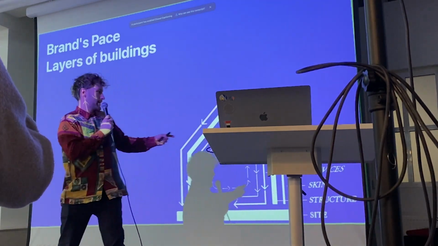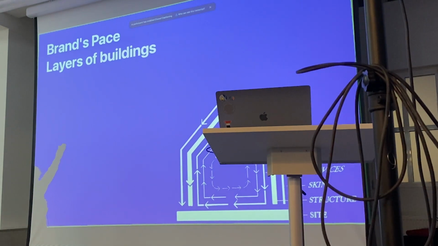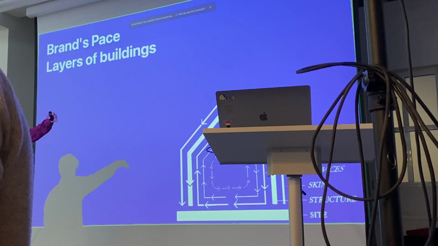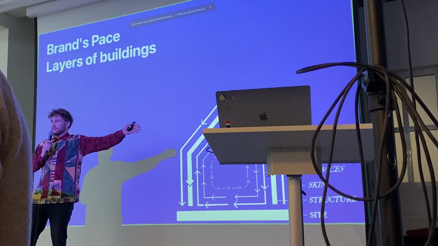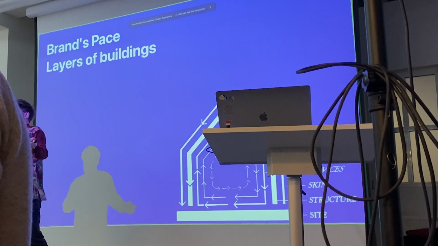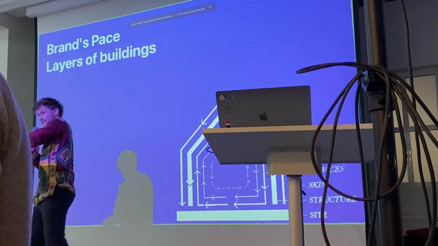So this is the pace layer model from Brand, and he says that these buildings consist of layers which change at a different pace. The fastest pace layer is the stuff inside the buildings. For example, this table is stuff. My MacBook is stuff. I brought that in here. I'm going to take that out of the building right after the talk. It changes super fast.